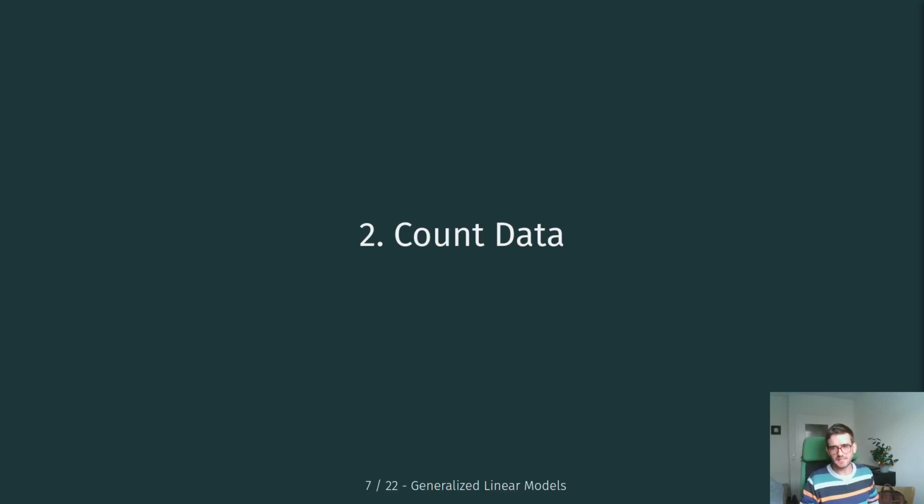Similar to the way we talked about in linear regression or logistic regression, the variation in these counts of events can be explained with a linear combination of predictors.